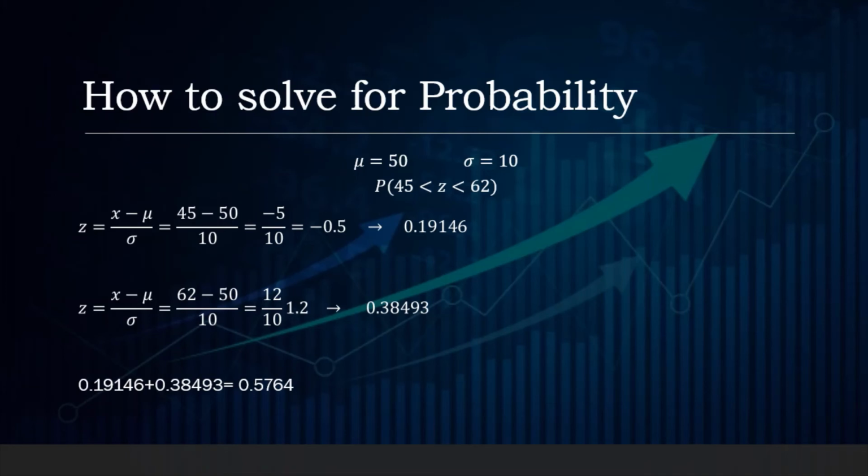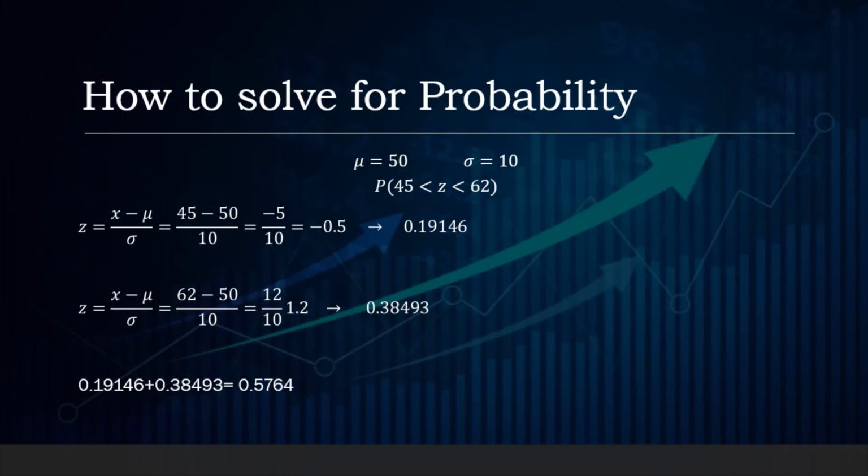Z equals x minus mean divided by standard deviation equals 62 minus 50 divided by 10 equals 12 divided by 10 equals 1.2.